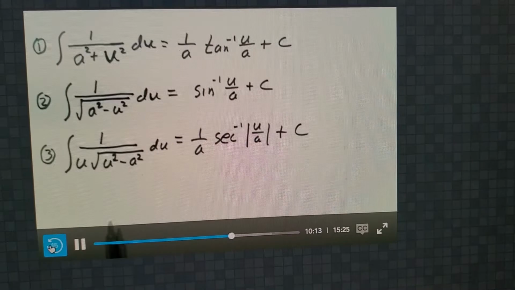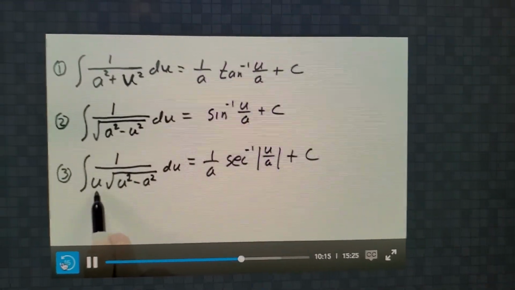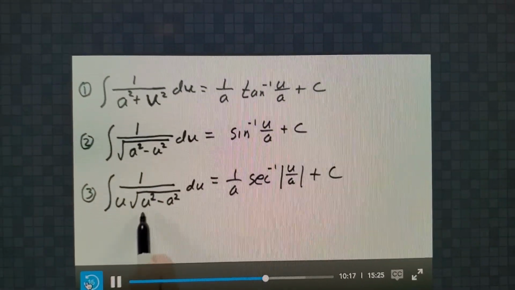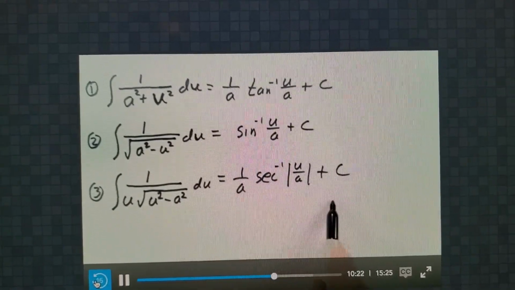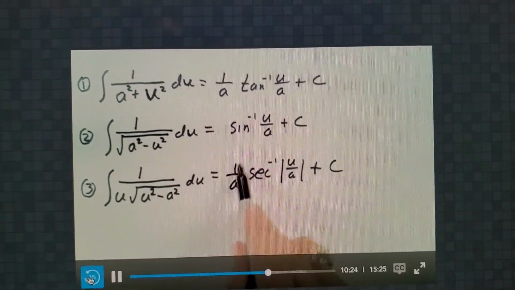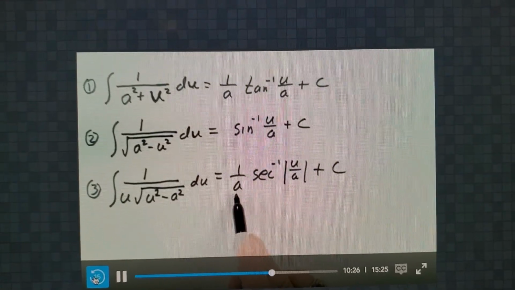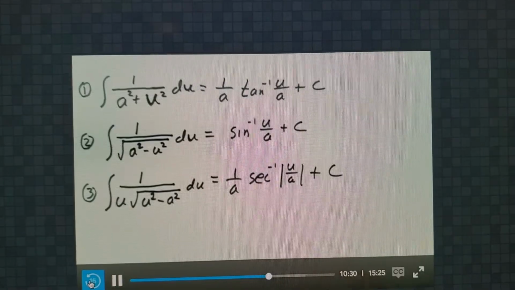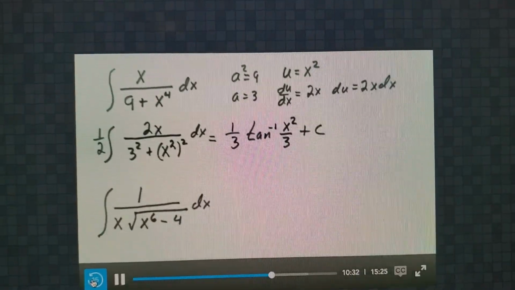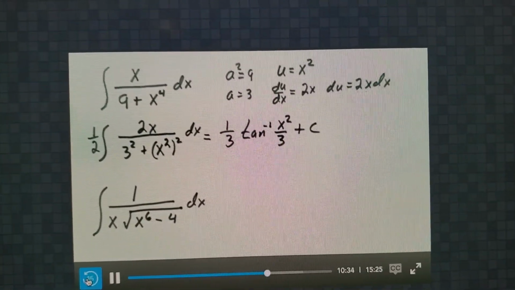So in all these formulas, a is a constant, u is a variable. So here's the formula. If you have u outside, u squared minus a squared inside, then it's an inverse secant. You got to remember to put the 1 over a out in front. You got to remember the absolute value bars of u over a. All right, well, let's see if we can fix this.